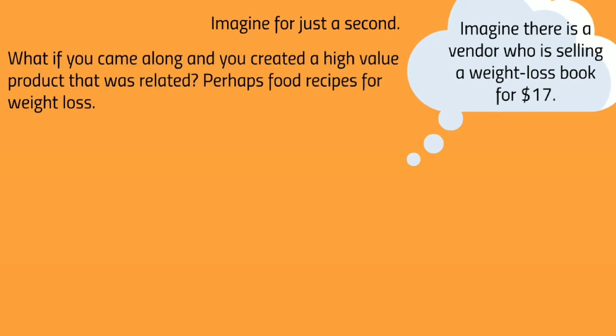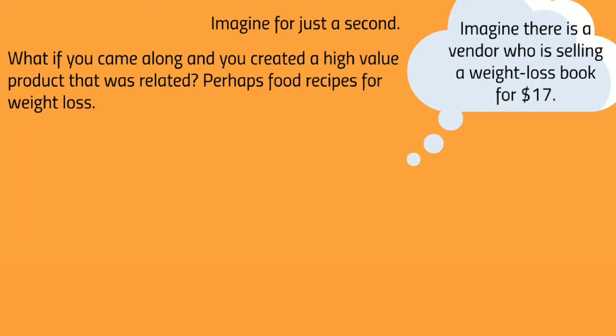What if you came along and created a high value product that was related? That book talks about weight loss, maybe weight training, cardio exercises, and all that, but it talks nothing about food or diet. So you come along and find vendors that are really focused on this particular aspect, or anything that is not related to food.